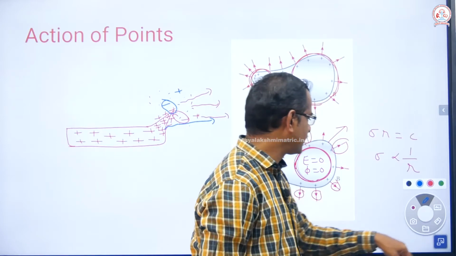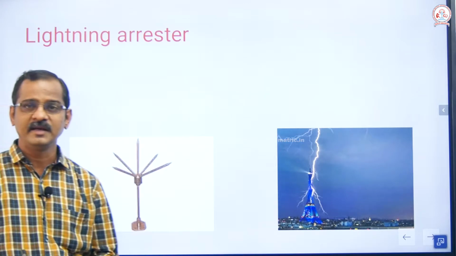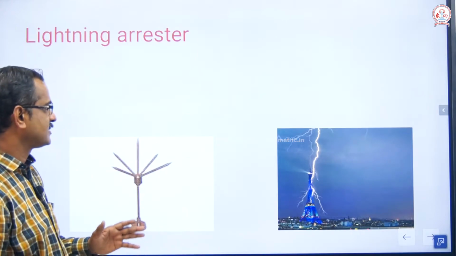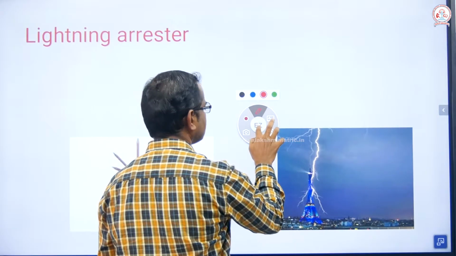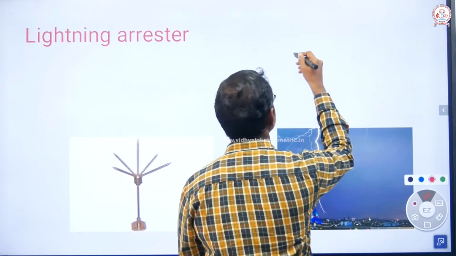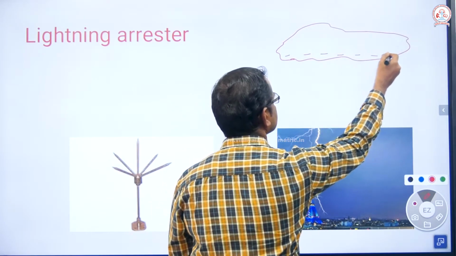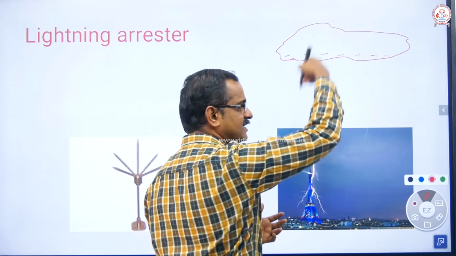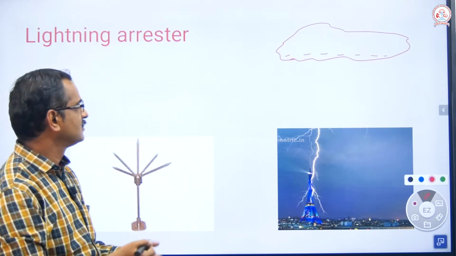Now this concept is applied in a lightning arrestor. We must have seen lightning, isn't it? Lightning flash, thunder, the sound. When lightning takes place, actually when the clouds, the rainy clouds, nimbus, are moving fast, imagine a cloud that is negatively charged, and sometimes clouds have different charges at different layers, based on the size, speed and the amount of water molecules present in the clouds.